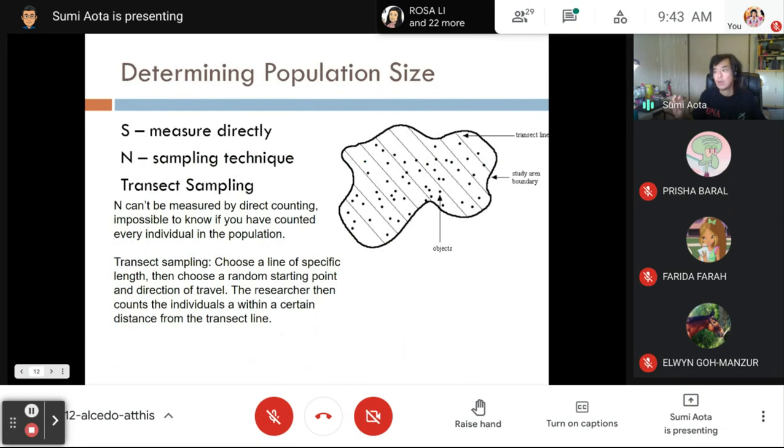Okay. So there's a few ways of doing it. And your variable changes depending on how you do your sampling.